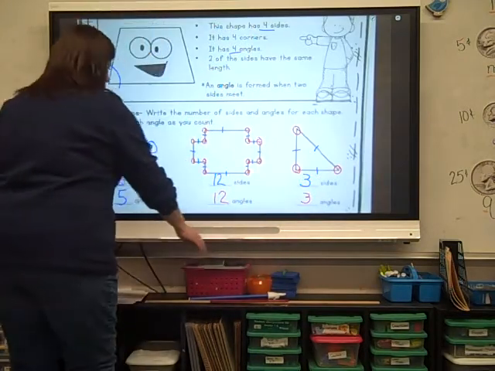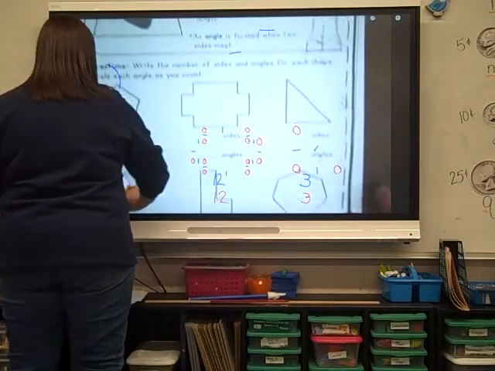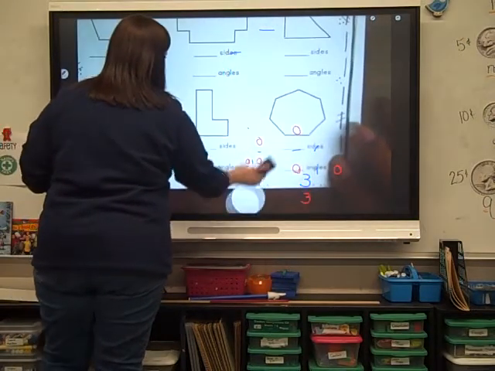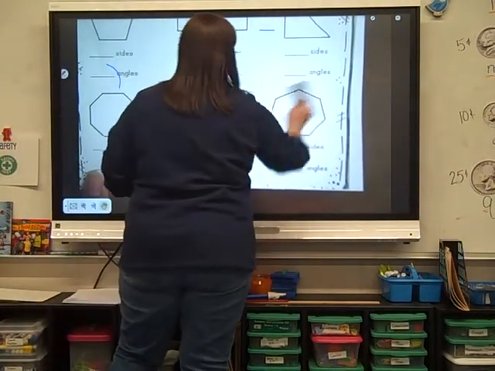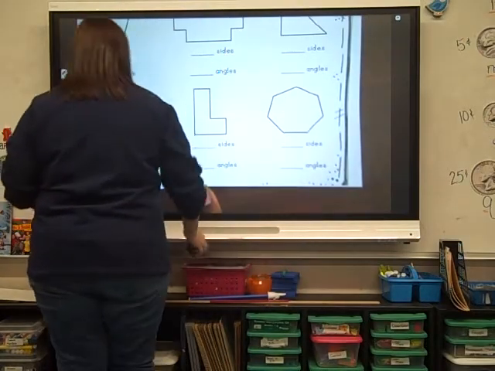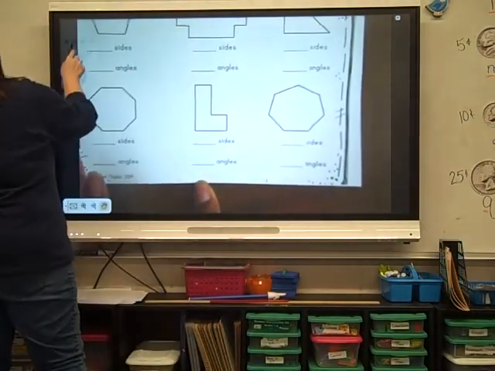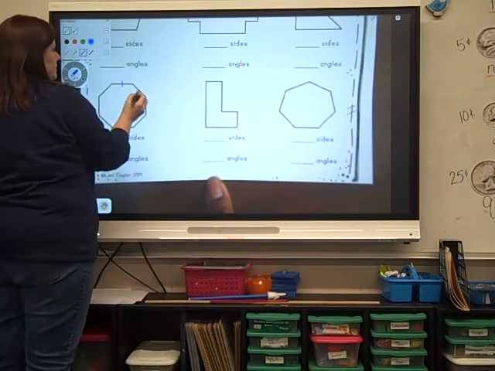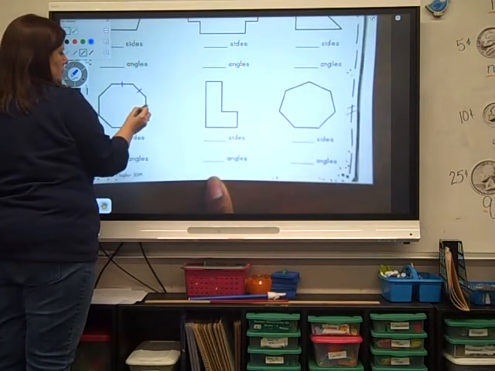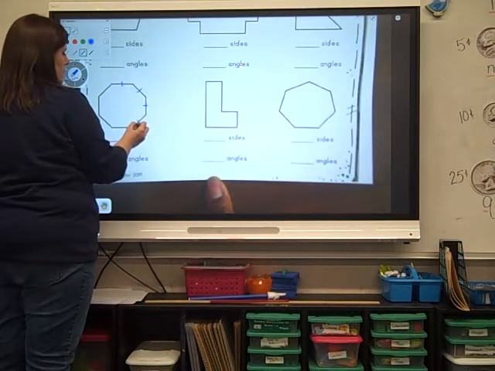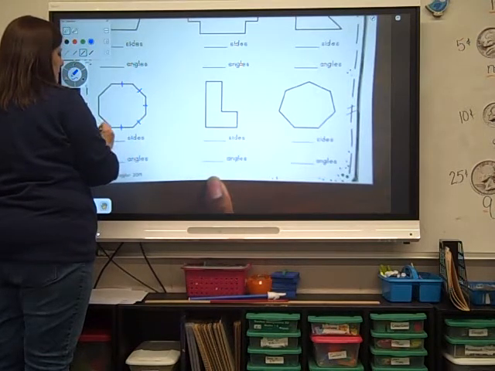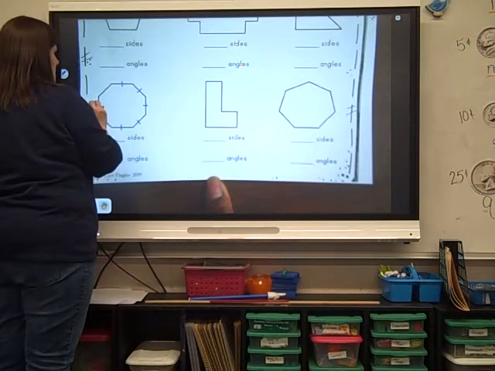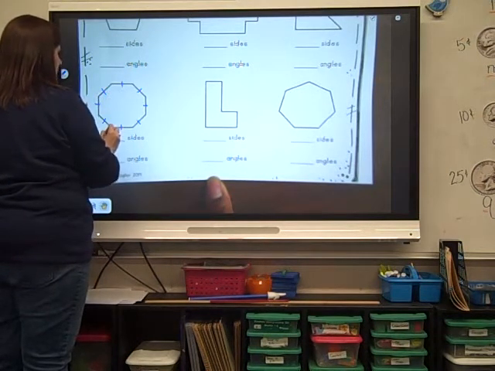All right, I'm going to erase, and so we can go to the bottom. All right, let's count the sides. Ready? 1, 2, 3, 4, 5, 6, 7, 8. 8 sides.